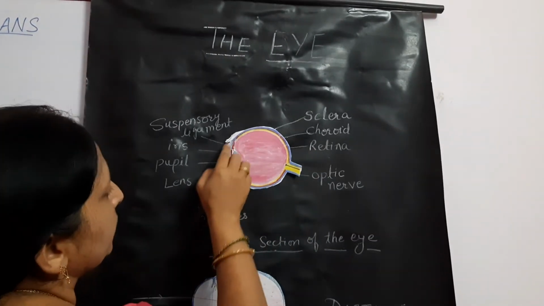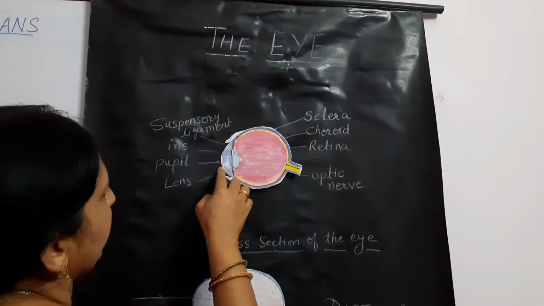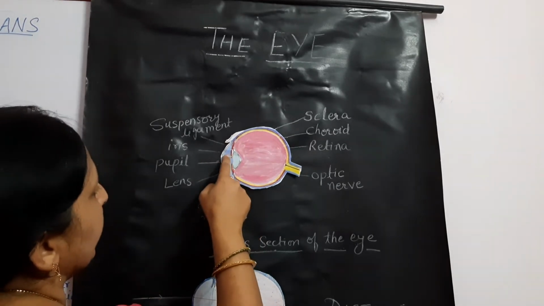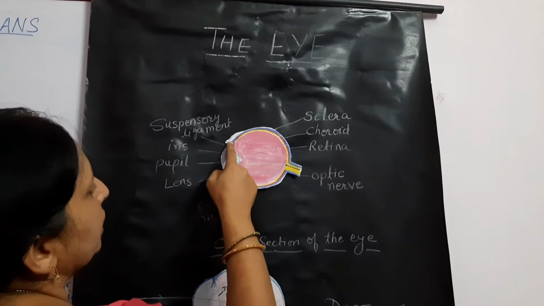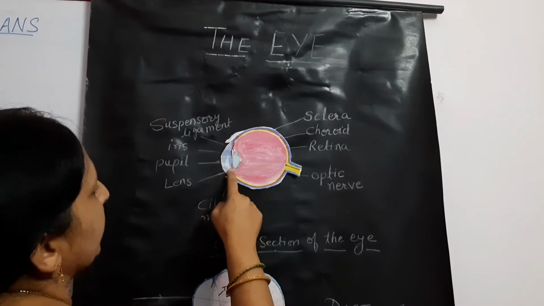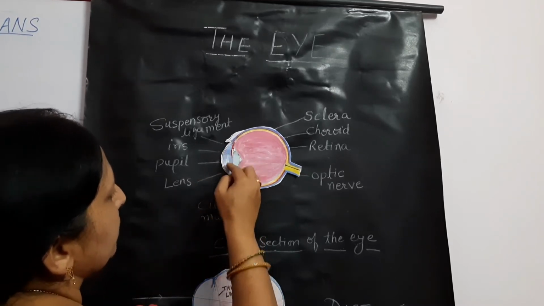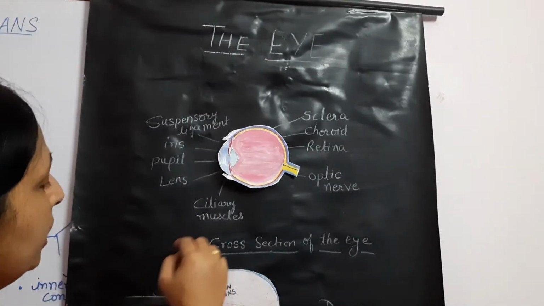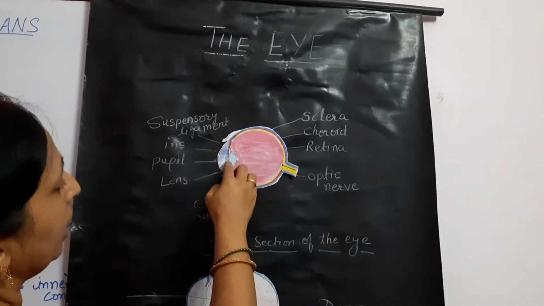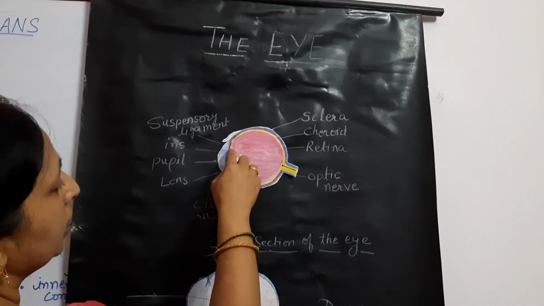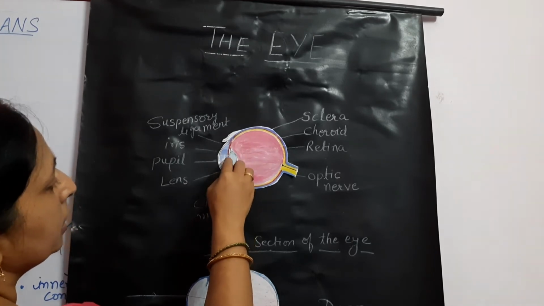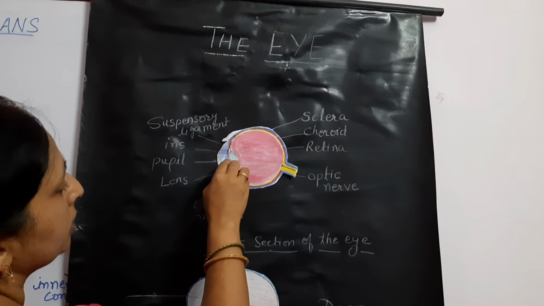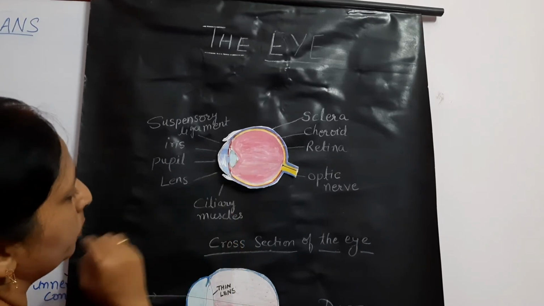Now here, this outermost covering is the conjunctiva. Next to this layer, the transparent layer, is the cornea. These structures are the ciliary body or ciliary muscles, and the muscles of the iris. This is the lens. The iris controls this opening, that is the pupil.